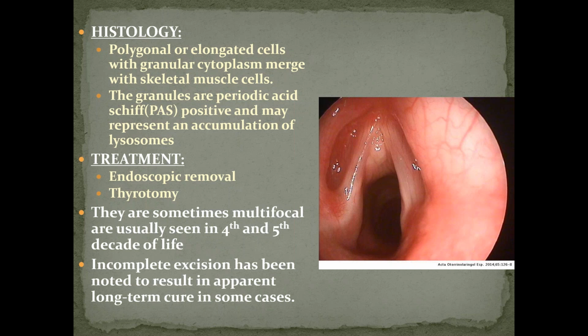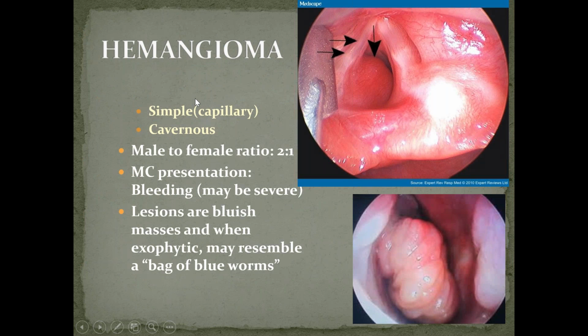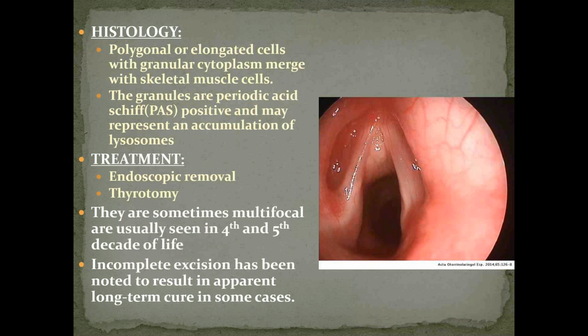On histology of this granular cell tumor, we will see polygonal or elongated cells with granular cytoplasm. It merges with the skeletal muscle cells. The granules are periodic acid-Schiff, that is PAS positive, and may represent an accumulation of lysosomes.